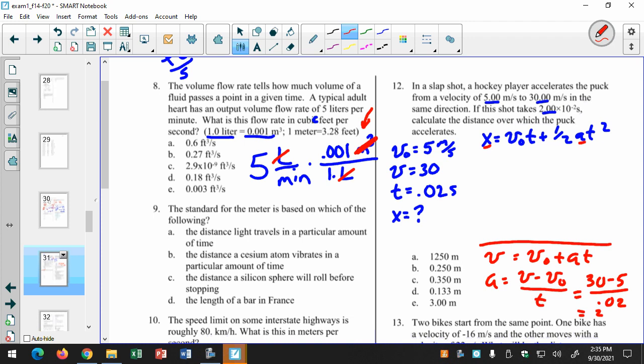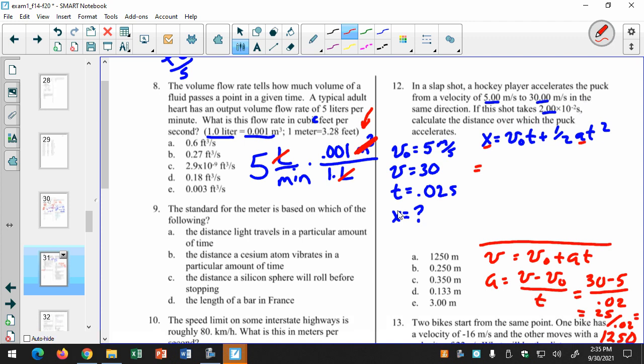That's 25 divided by 0.02. That's 1250. So that means my acceleration is 1250 meters per second squared.